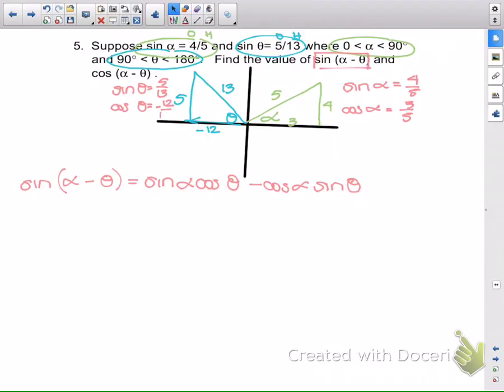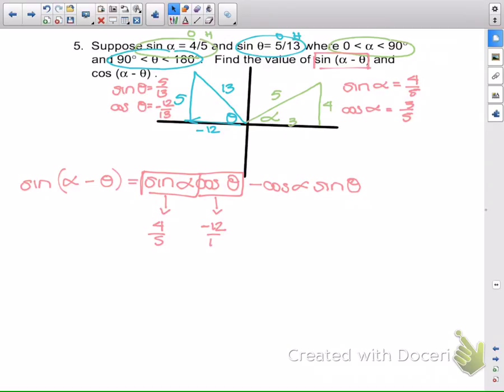Negative 12 over 13. Now, because I know what they're equal to, I can literally take out those values in this formula and replace them with those fractions. So in place of sine of alpha, I can put what fraction? 4/5. In place of cosine of theta, I can put what?